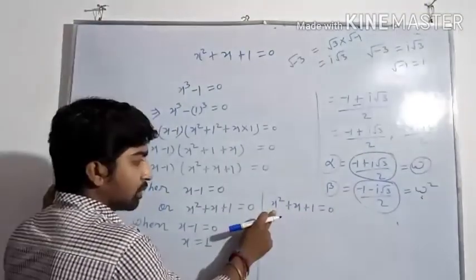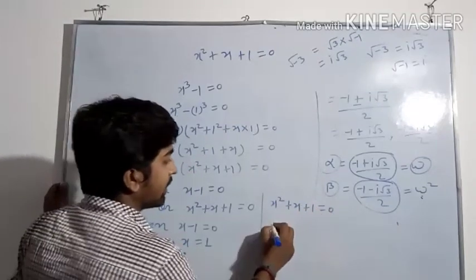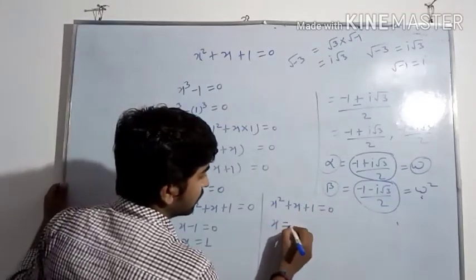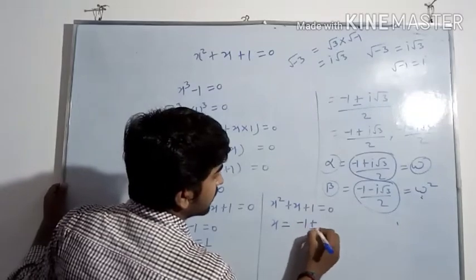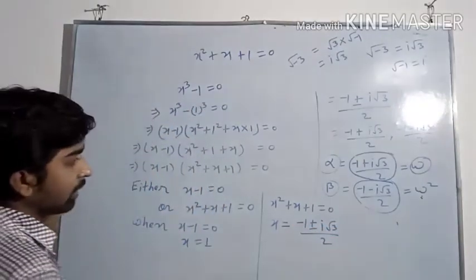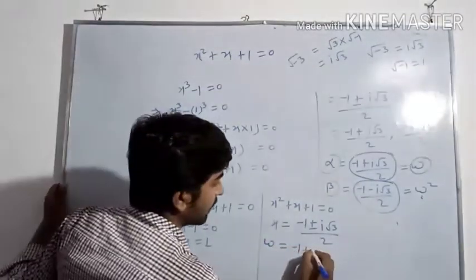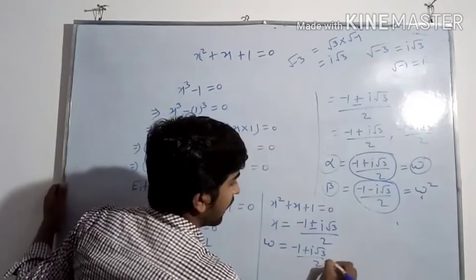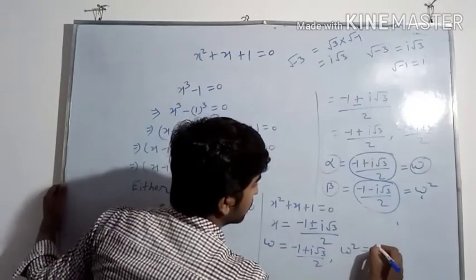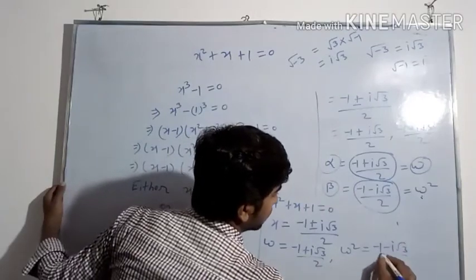So the roots of this quadratic equation are omega and omega square, that is x equals to minus 1 plus minus I under root 3 upon 2, where omega is equal to minus 1 plus I under root 3 by 2 and omega square is equal to minus 1 minus I under root 3 upon 2.